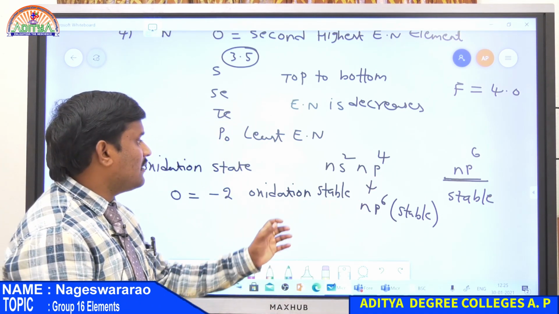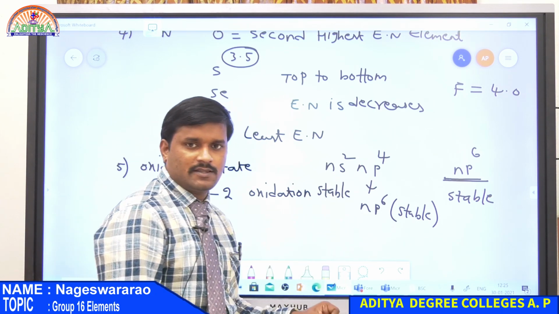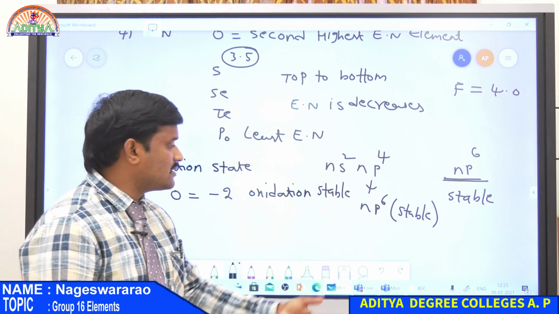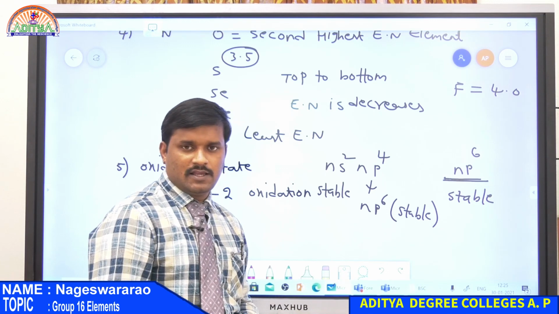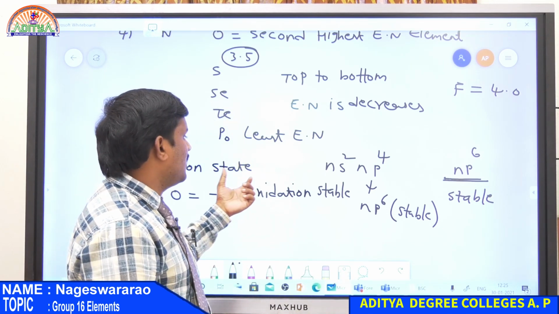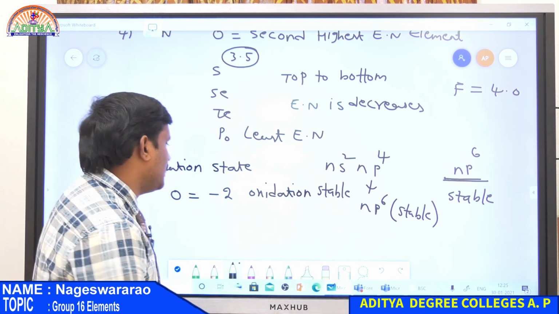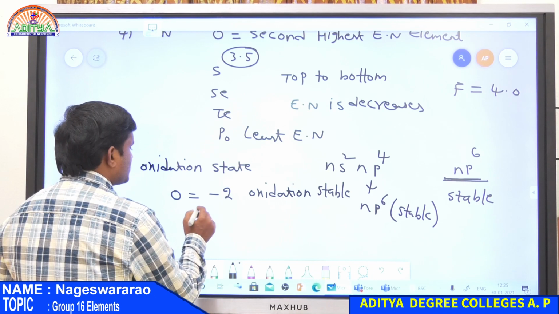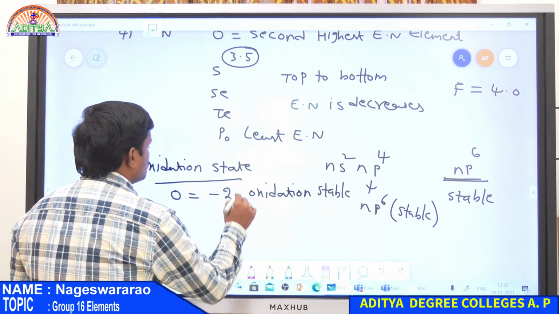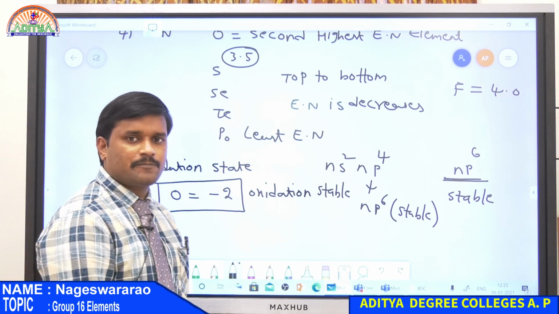When it requires 2 more electrons, then np4 becomes np6, then it gets stability, because this is a noble gas configuration, ns2 np6. That is why oxygen is always present in -2 state as a stable oxidation number.